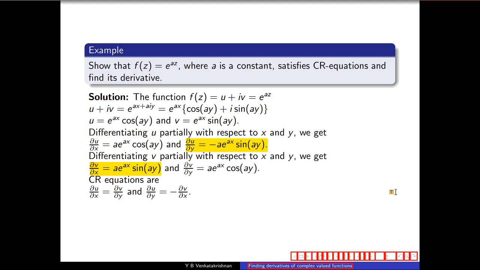You can see that one is the negative of the other, and therefore the CR equation number 2 is satisfied. Dou u by dou y is equal to minus dou v by dou x. Therefore you can make the conclusion that the CR equations are satisfied.